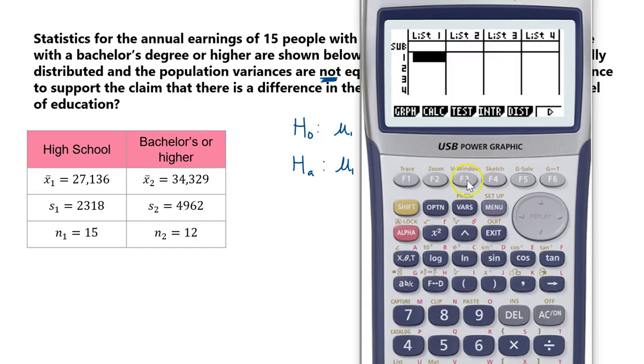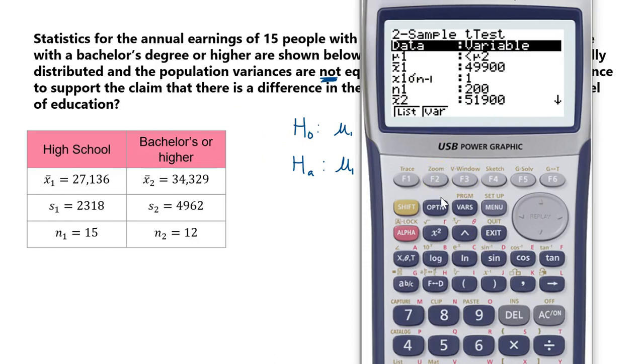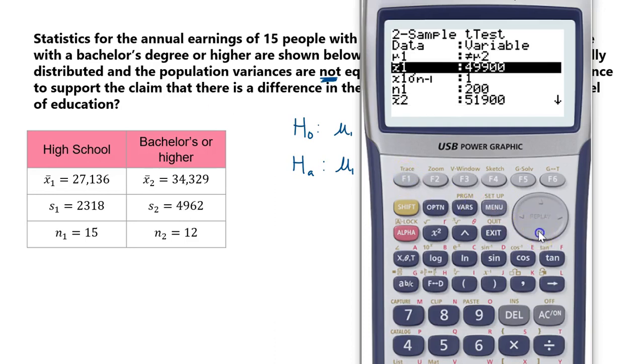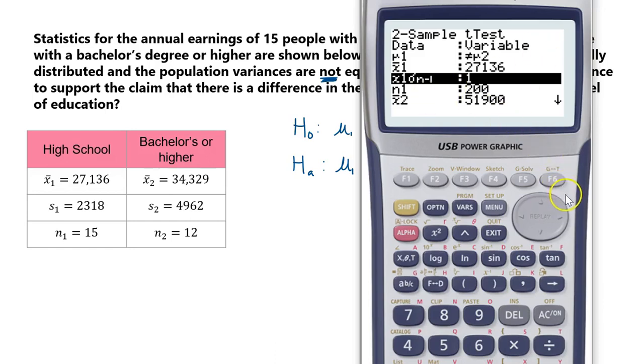All right. So test, it's a t-test and a 2-sample t-test. Okay. So our hypothesis is that mean 1 is not equal to mean 2. All right, our first average is 27,136. And then our standard deviation, yours probably says SX. This is a weird version of the calculator.